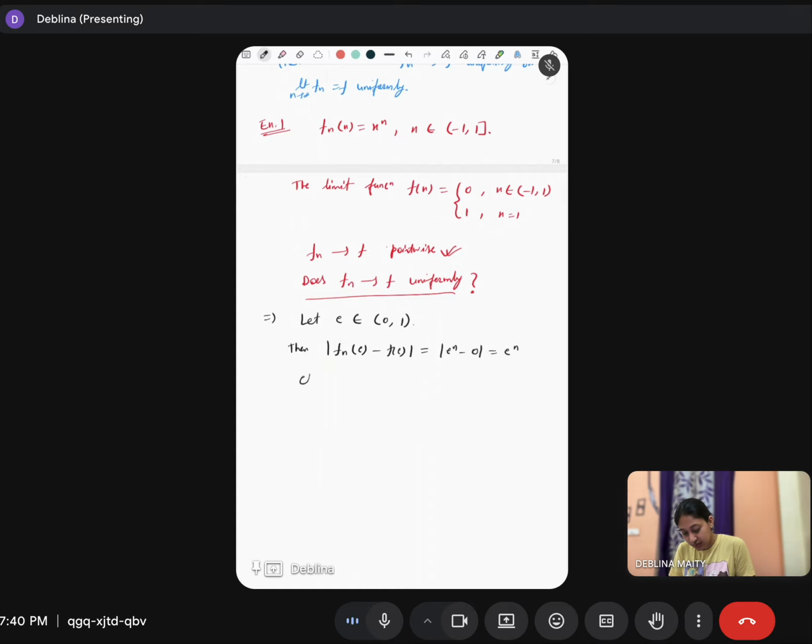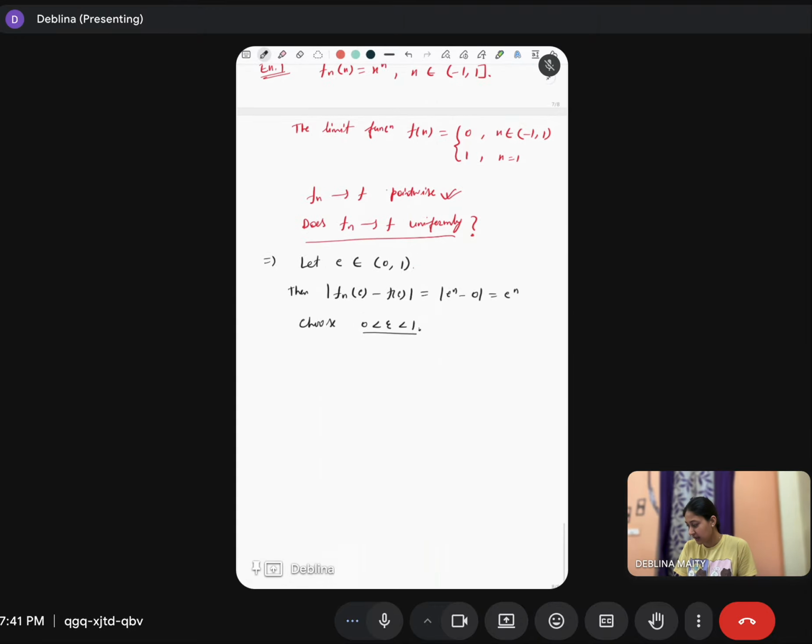Now choose some epsilon greater than 0 and less than 1. Then mod of fn(c) minus f(c) will be less than epsilon whenever c to the power n is less than epsilon.